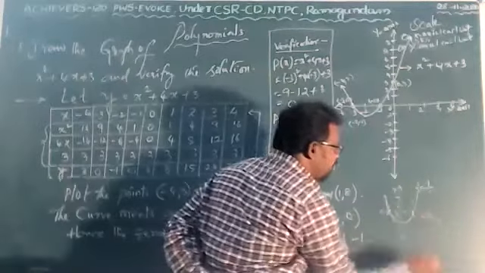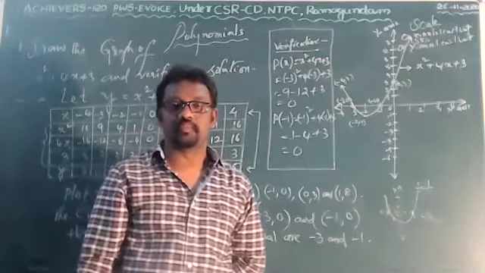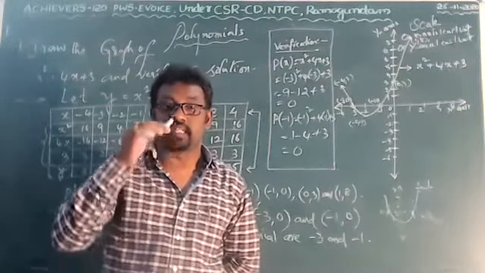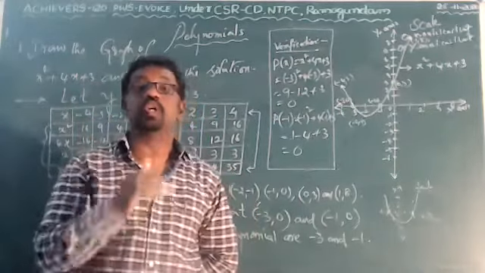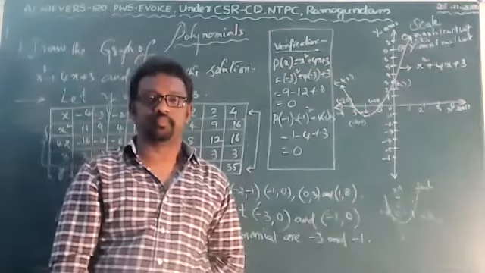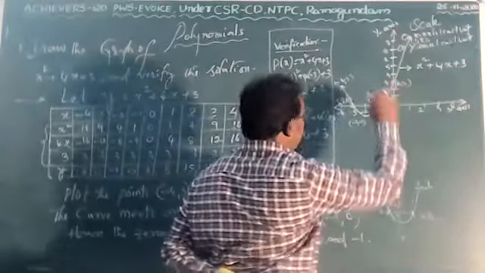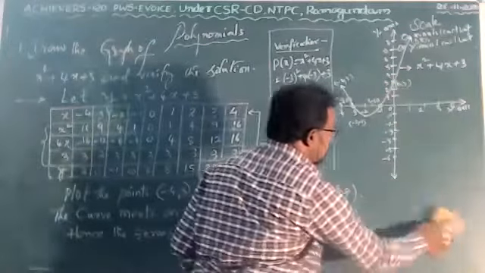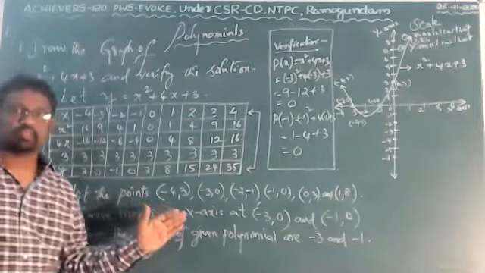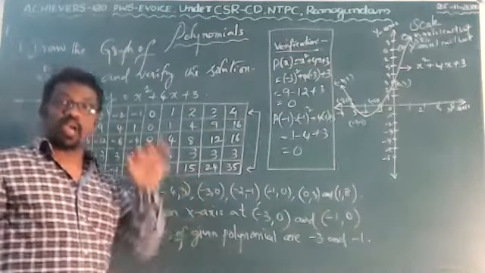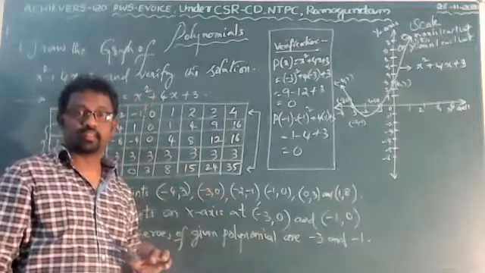Where the parabola intersects the x-axis, those are called zeros of the polynomial. So this is the shape of the parabola, and finally these are the steps you have to maintain. One second, children.